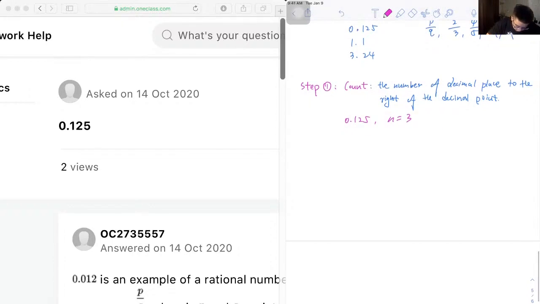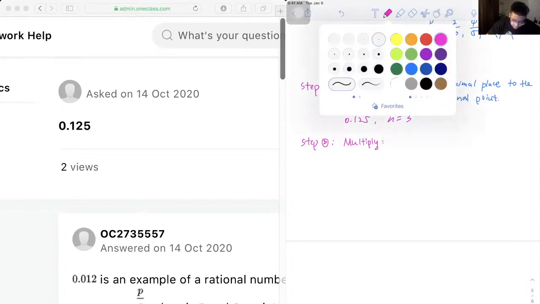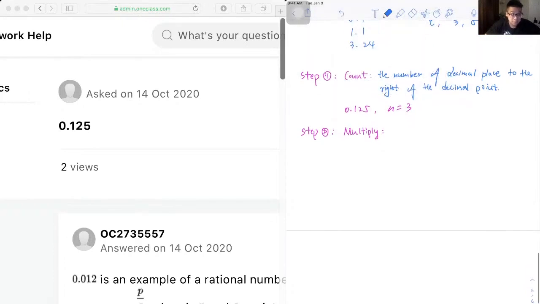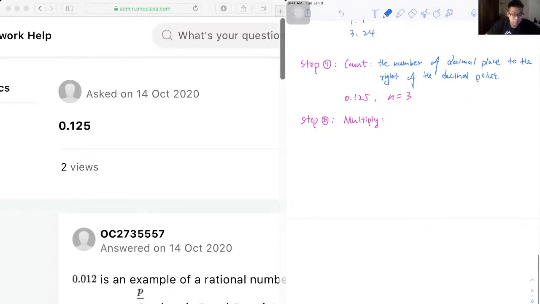Okay, so for the second step, we multiply. We need to multiply the decimal number by 10 to the exponent of n over 10 to the exponent of n.